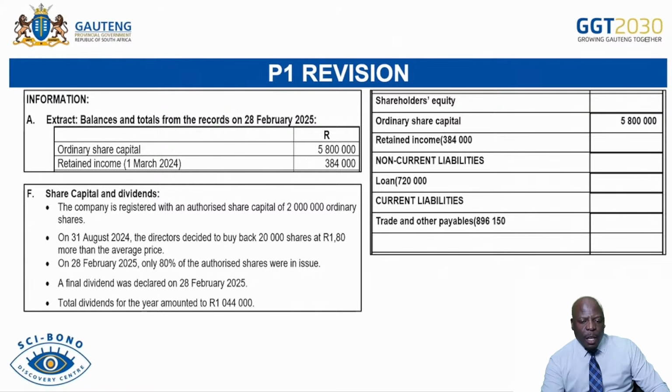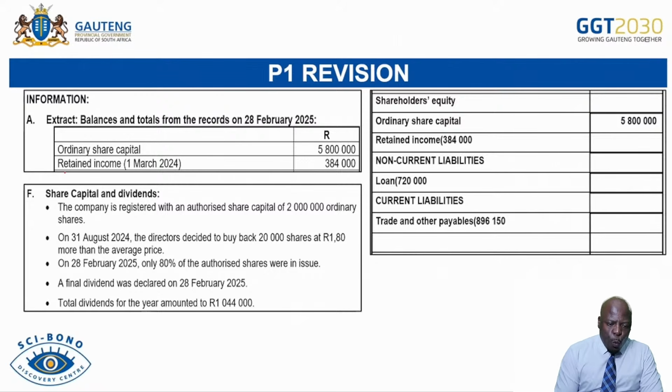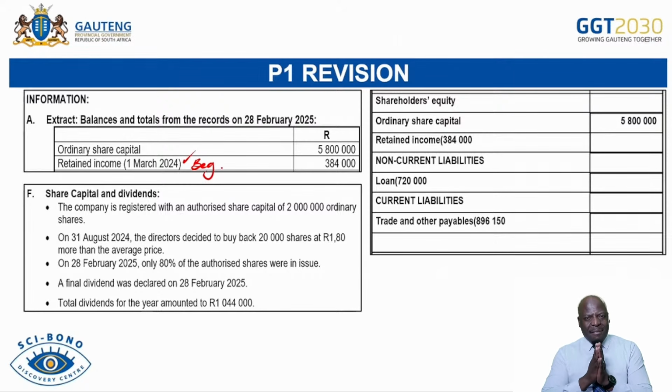So we are given retained income at 1 March 2024. This is at the beginning. You have to remember there are 3 different types of retained income you can get. There's the retained income at the beginning of the year, which is this one here.